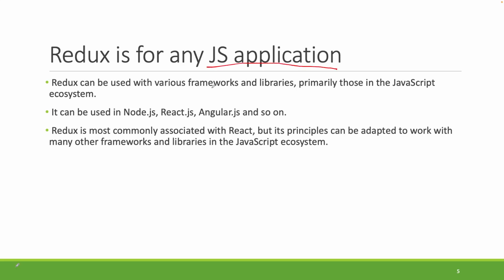It can be used with various frameworks and libraries as we talked about before, primarily those in the JavaScript ecosystem. It can be used in Node, React, Angular, and so on. But for this lecture, we only introduce React with Redux. Redux is most commonly associated with React, but its principles can be adopted to work with any other frameworks and libraries in the JavaScript ecosystem.